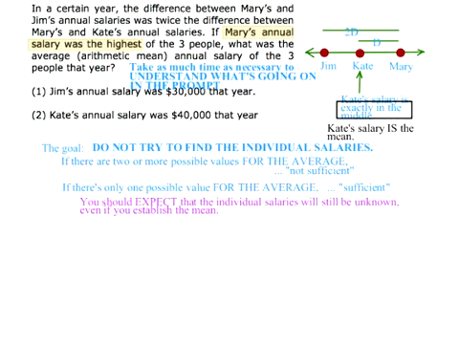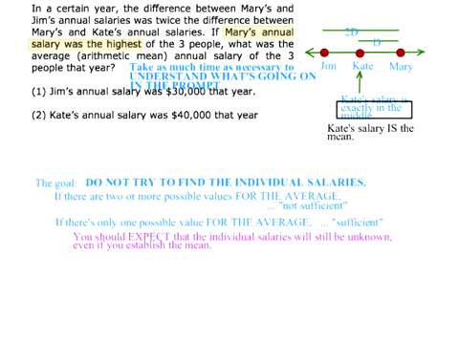There it is. If you don't want to do this visually, you can also do it algebraically. There are a bunch of ways that you can do that, but algebraically, you can let Mary's salary be M, and then Kate's salary is Mary's salary minus this difference, and then Jim's salary is Mary's salary minus twice that difference.